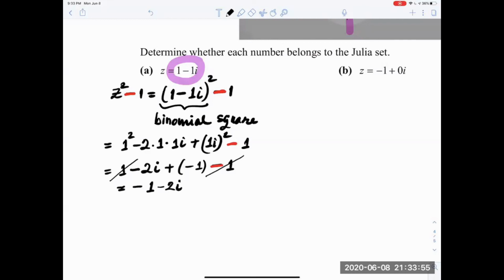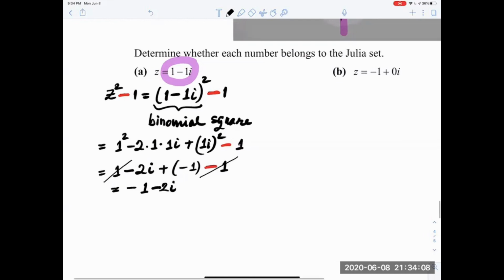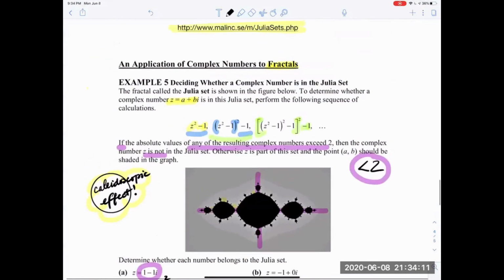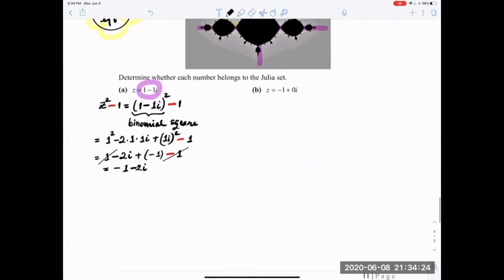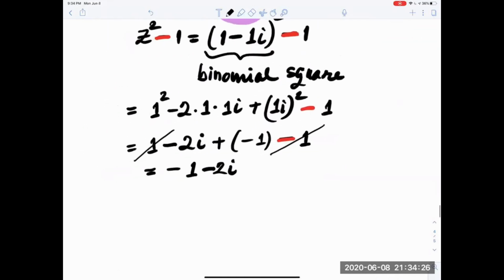So now the question is, how do you perform the next step to check if indeed the number does or does not belong to the Julia set? Remember, you need to check your R. My R has to be less than 2 in order to write my new number in an x plus yi format, or to move it into an angle, I would say, in this case.